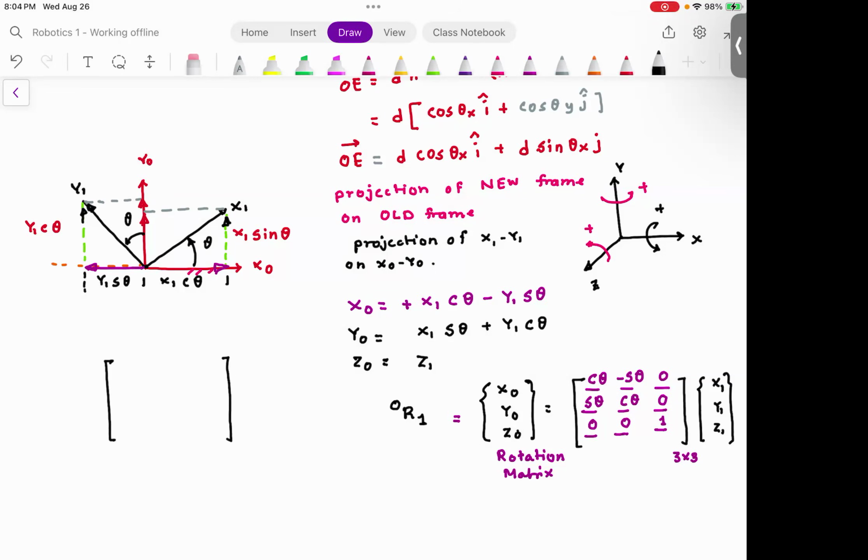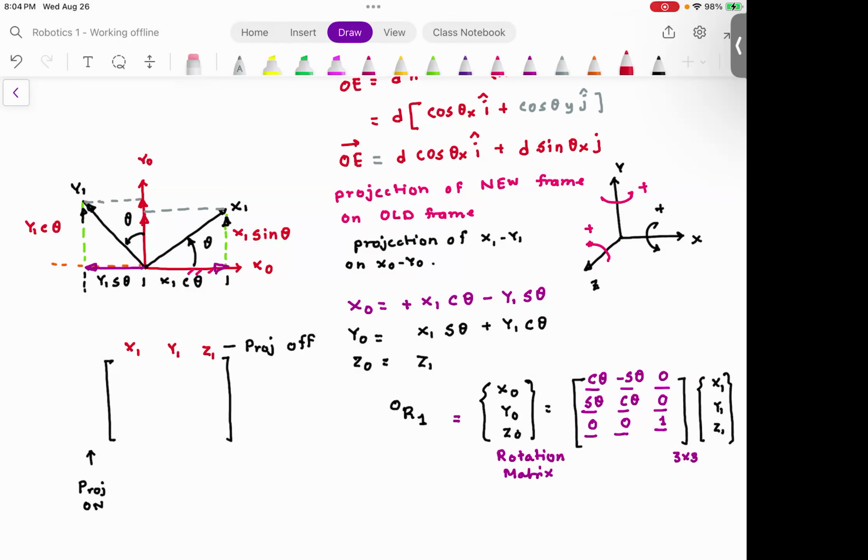Now, if you want to formulate a rotation matrix, remember, what are we doing? Projection off, projection on. So projection off, and this is projection on. So we are taking projection off x1, y1, z1.